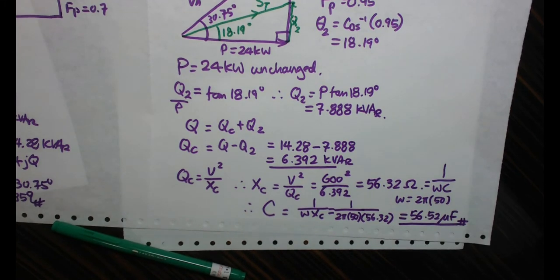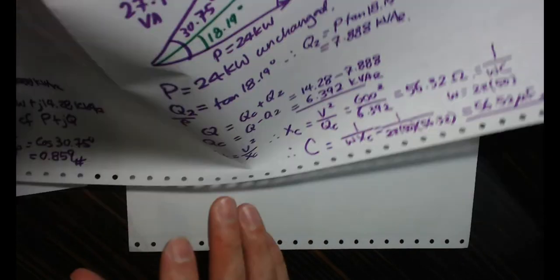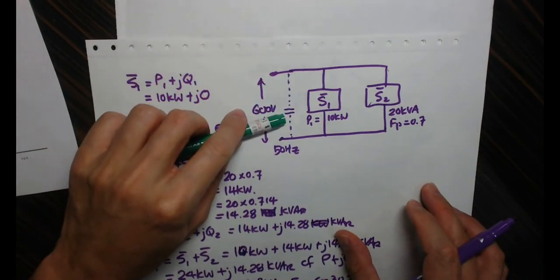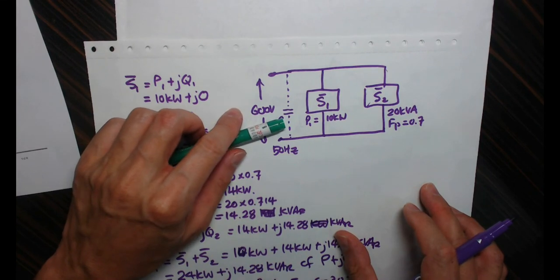So that means this is the capacitance of the capacitor I need to put in parallel with the main circuit here to improve the power factor to 0.95.